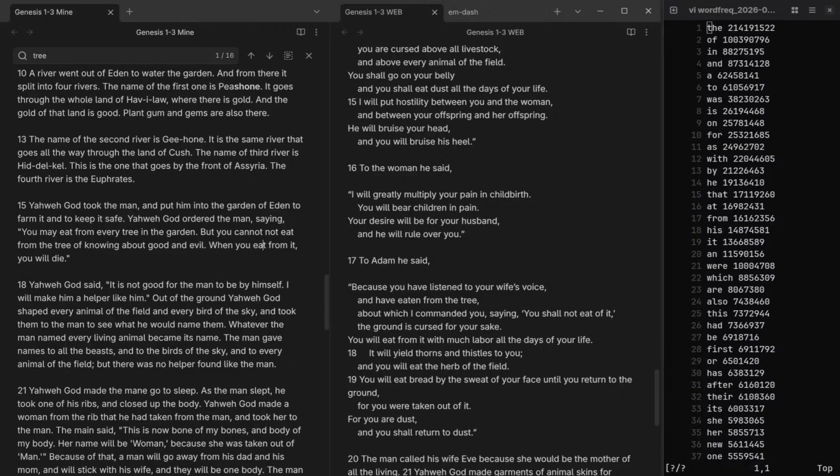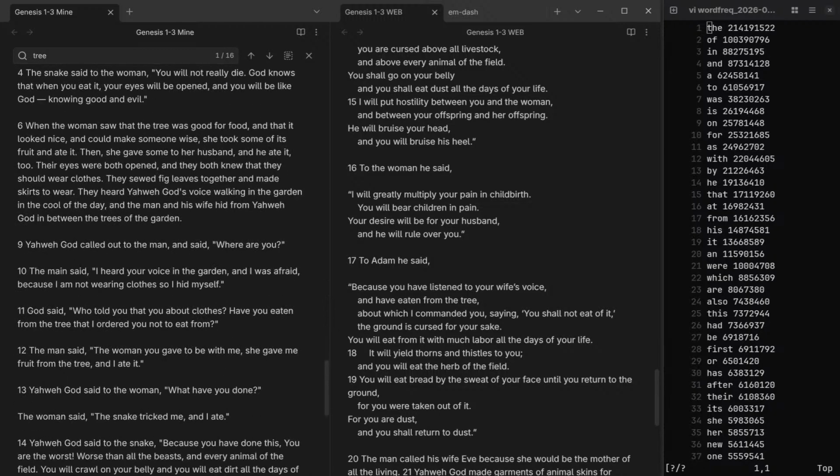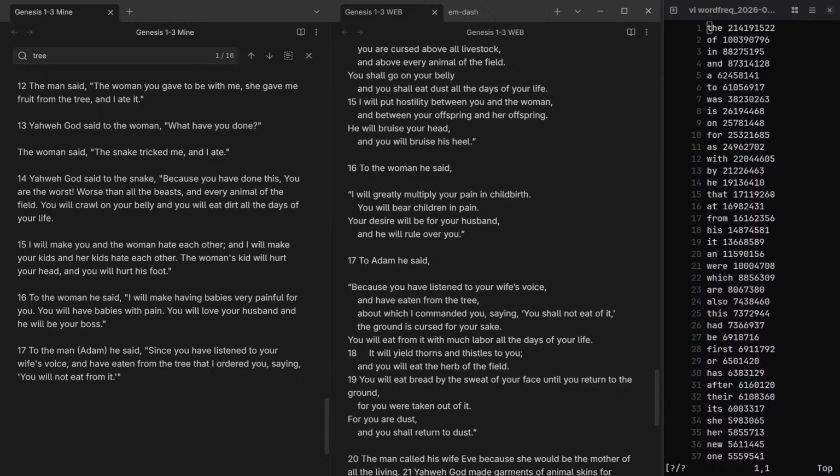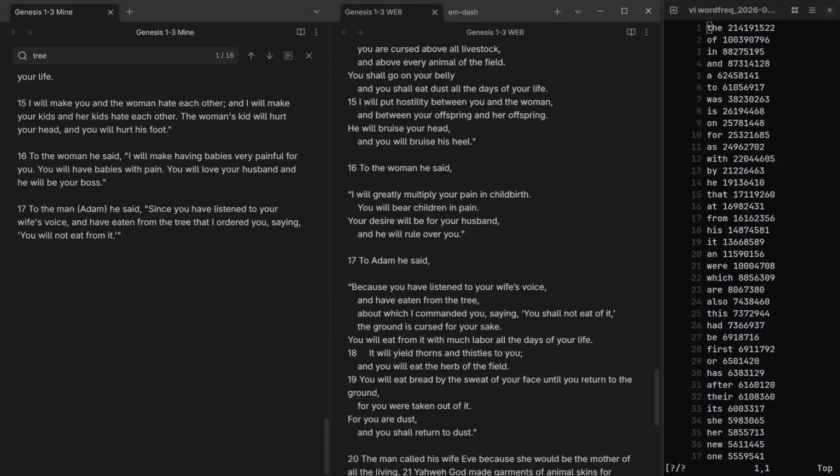Cannot eat from the tree of not knowing about good and evil. When you eat from it, you will die. I could say if you eat from it, you will die. When, we'll leave it alone. You cannot eat from it.